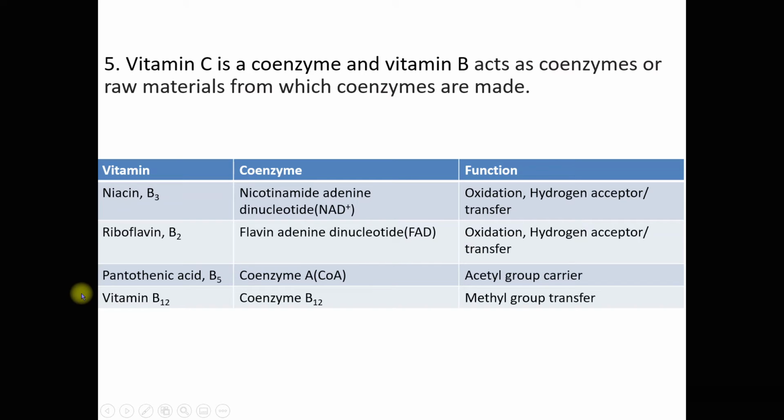Pantothenic acid, or B5, is needed to synthesize coenzyme A. Coenzyme A is needed as the acetyl group carrier. You will learn about coenzyme A in detail later in the respiration chapter.